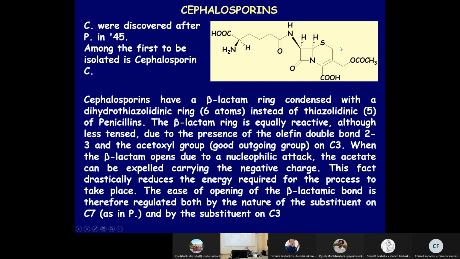You see dihydrothiazine, sulfur and nitrogen, and once again you see an acidic group here, the side chain, and here you can see an ester group, and normally in this position we have the good leaving group we need, this type of group.